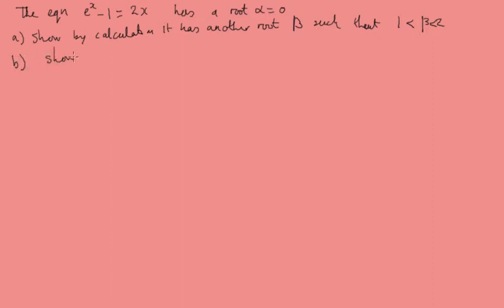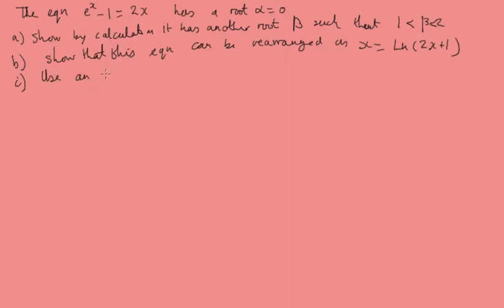Secondly, show that this equation can be rearranged as x equals the log of 2x plus 1, and finally use an iteration based on the equation in B with a suitable starting value.